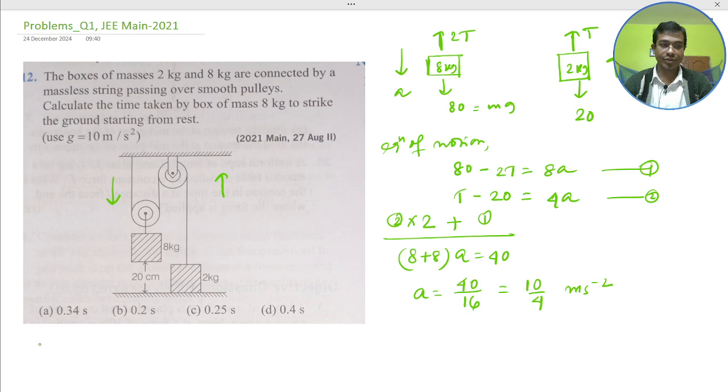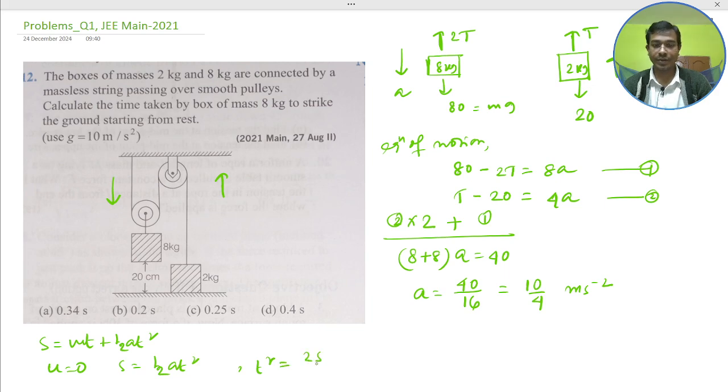And after that, consider the equation of motion and apply ut plus half at square, and u is 0, so s is half a t square. You just find t, so t square will be 2s by a. Just put 2s by a, so 0.2 into 2 into 4 by a, which is 10 given.